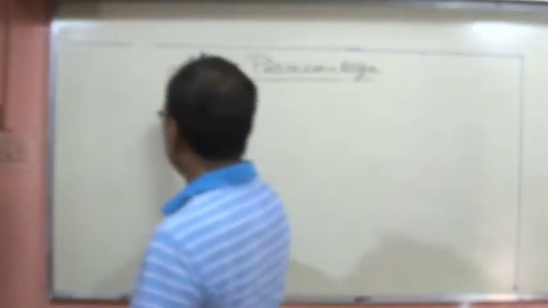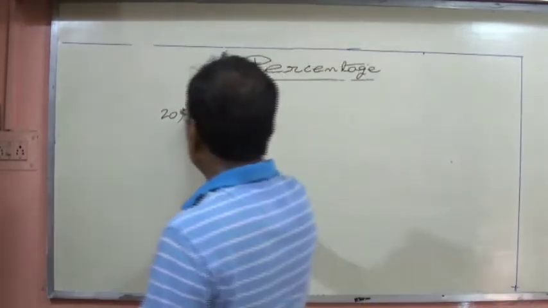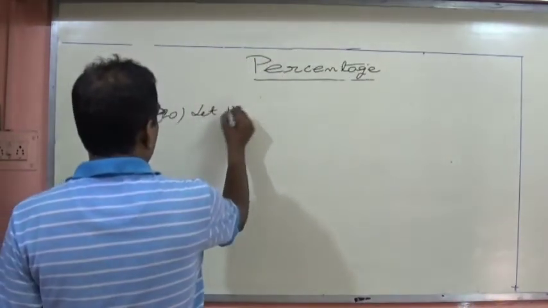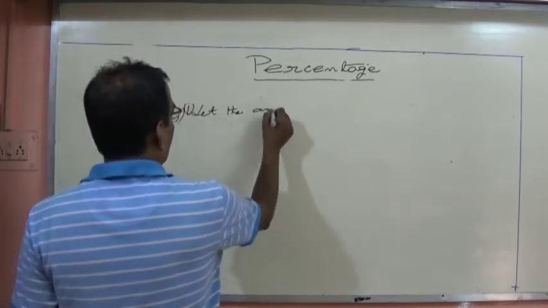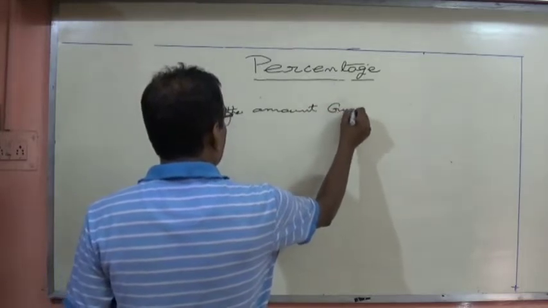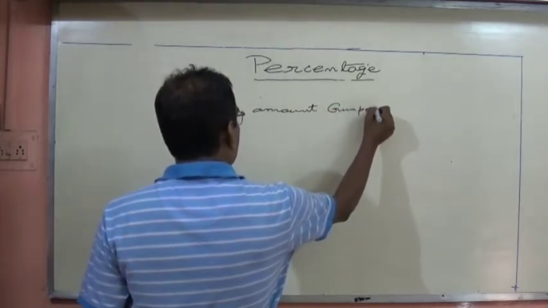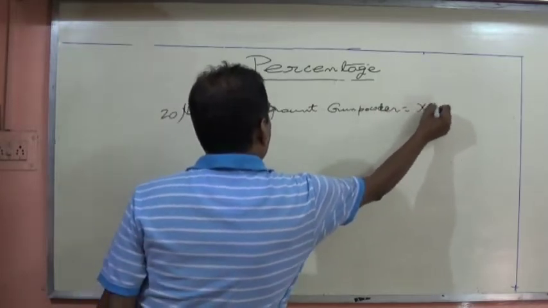Question number 20, the first part obviously. Let the amount of gunpowder be X kg.